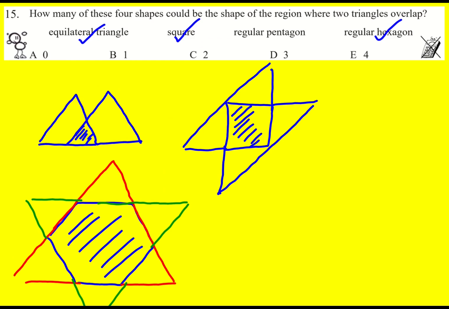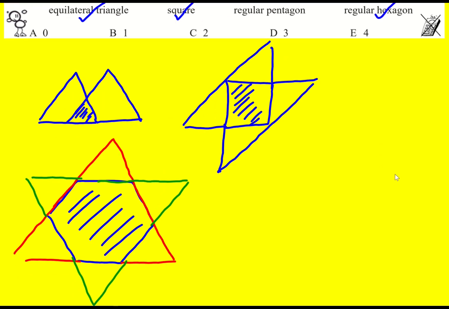Now it feels like it's going to be the same sort of idea as here, but maybe they're not going to be equilateral. Let's start with the hexagon. Okay, so maybe now, again, this is the base of one of them.